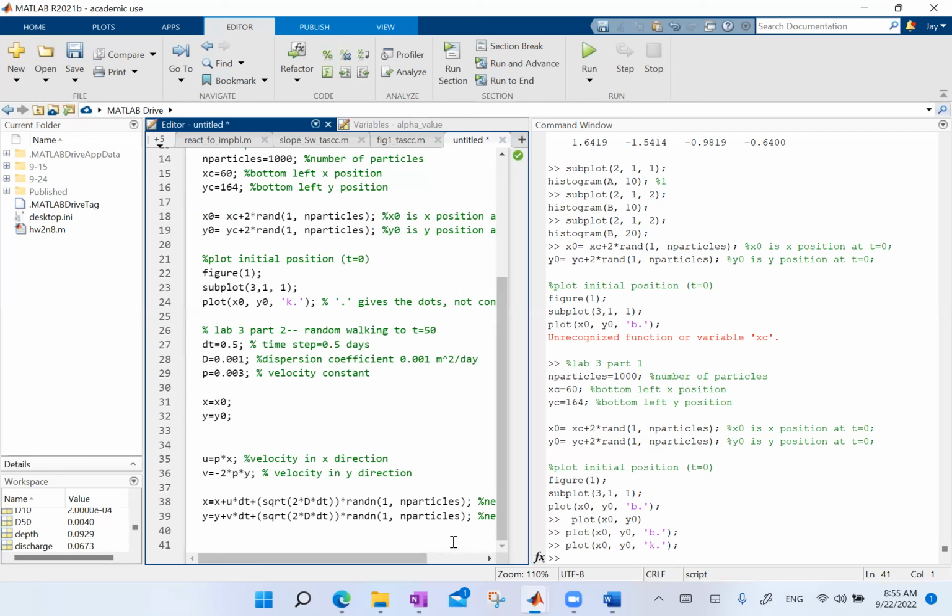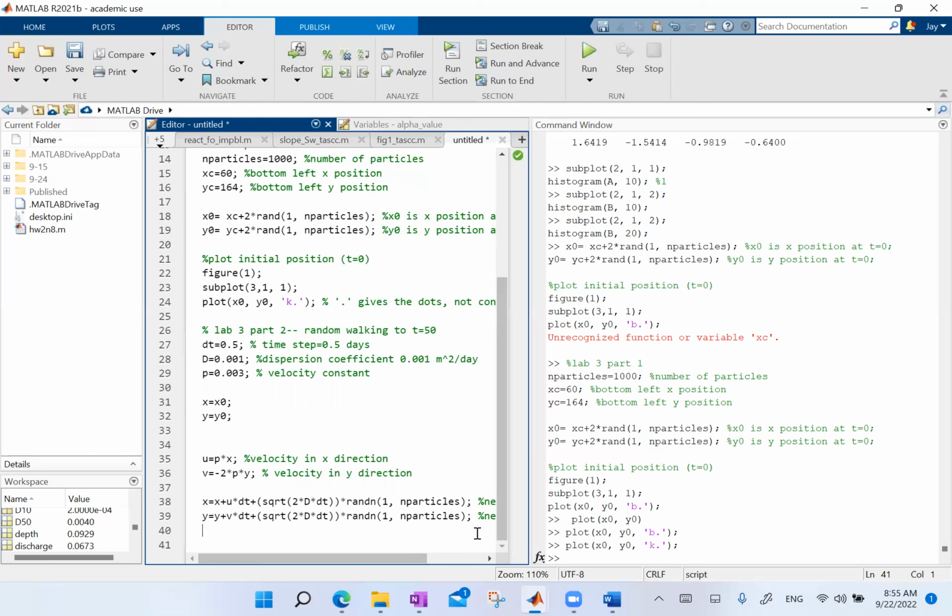All right, does that make sense? So now we have a problem. If we just run this, we're just going to get to the next time step, right? We're not even going to advance over time. We just get, okay, starting with x0, y0, we got, okay, at t equals 0.5, where we end up to be. We don't want just to complete one time step. We want to complete a lot of time steps until t equals 50.